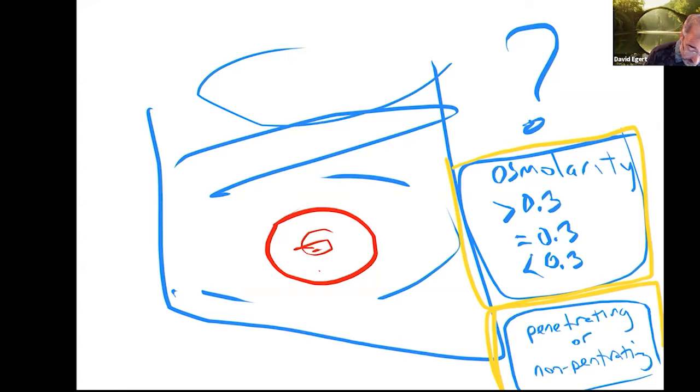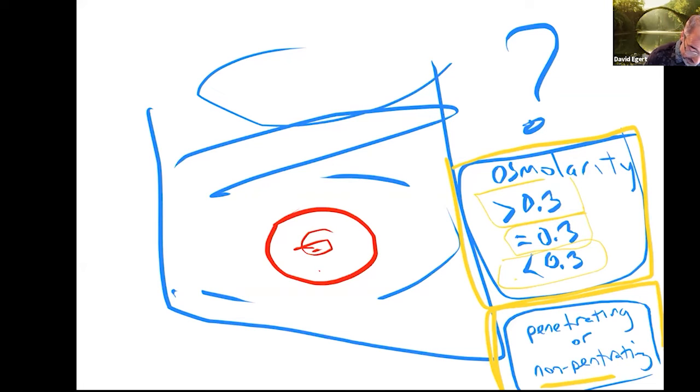If it's non-penetrating, then it's easy. If it's less than 0.3, then it's going to be hypotonic. Water is going to come in. If it's equal, it's isotonic. If it's greater than 0.3, it's going to be hypertonic. Water is going to leave the cell, and it'll shrivel.